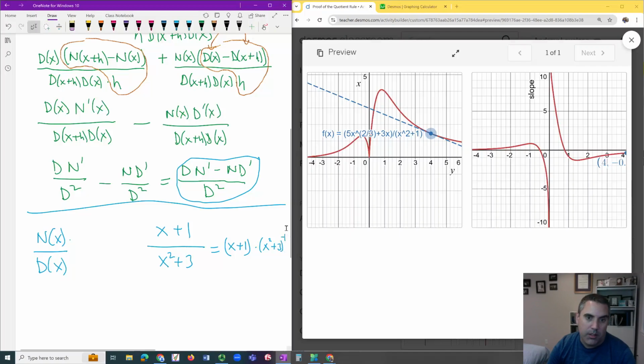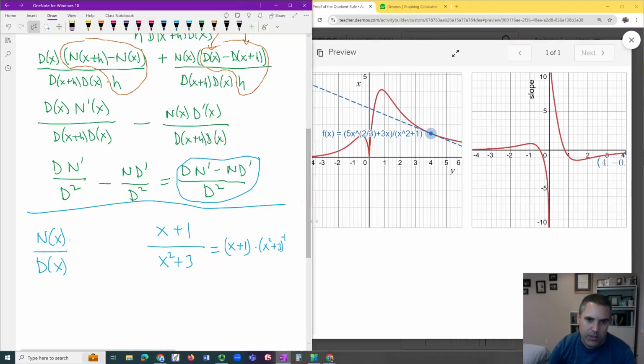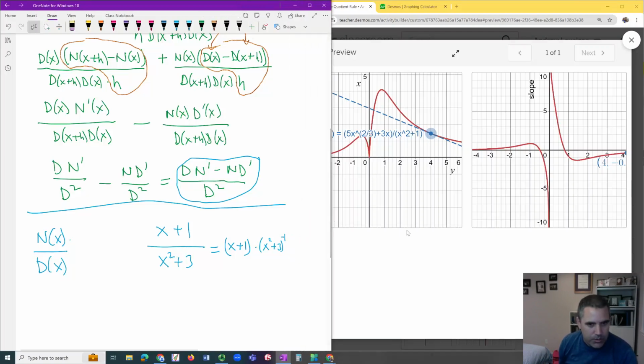And then they can do it like a product rule, but they also need to know the chain rule to do that, meaning they call this the first, they call this the second, and they use the chain rule. And that is perfectly fine. I do think in this situation I would rather use the quotient rule because I just think it's more direct. But I'm fine with that.